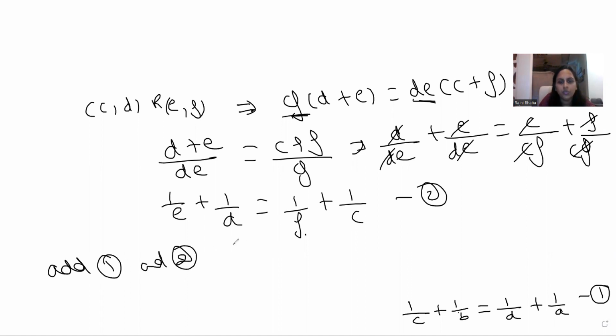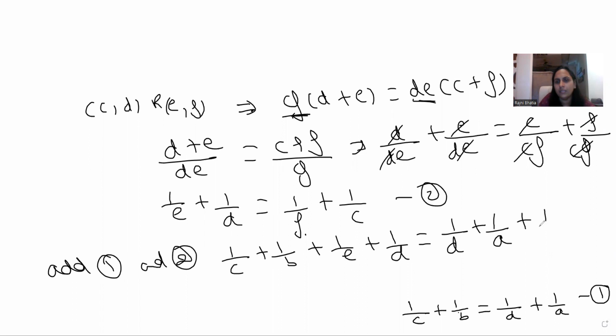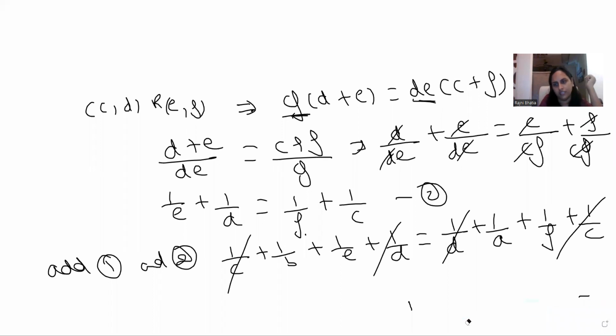If we add 1 and 2, 1 by C plus 1 by B plus 1 by E plus 1 by D is equal to 1 by D plus 1 by A plus 1 by F plus 1 by C. 1 by D will get cancelled. 1 by C will get cancelled. So whatever we are left with, we have to take the LCM and shift the product to right hand side to get our result.